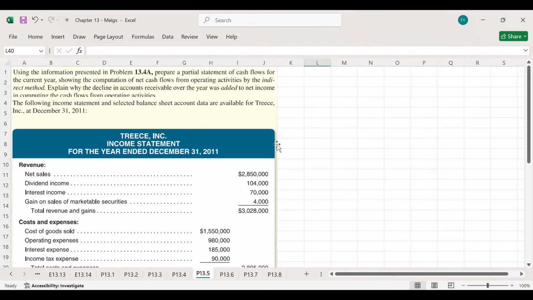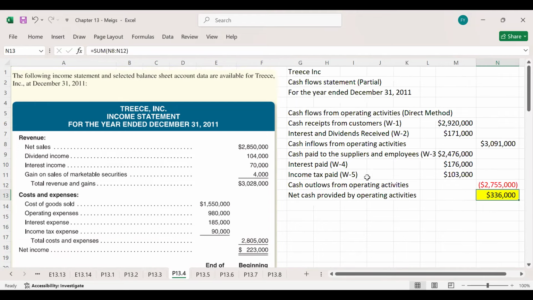So here we have the same problem, but the method is different. The method is cash flows from operating activities, indirect. So we are doing it on the same page as we have this one.